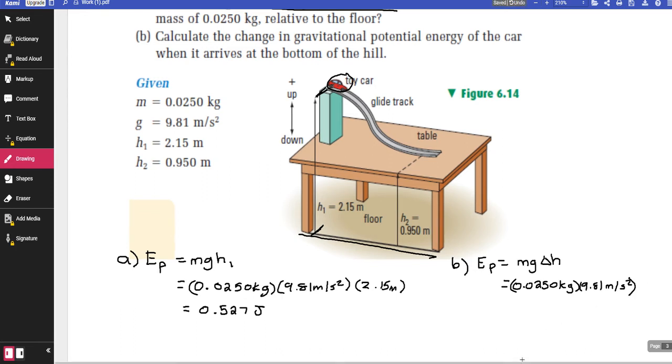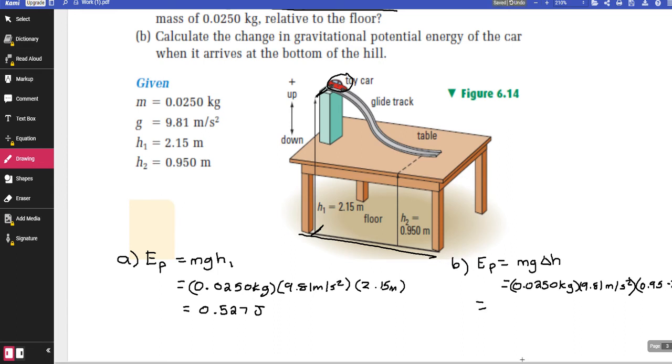And our change in height, which is 0.950 minus 2.1.